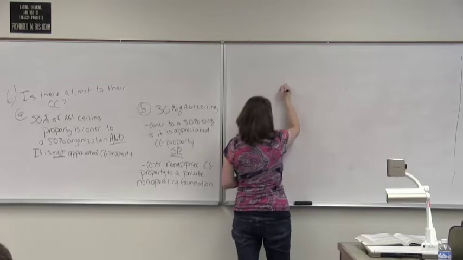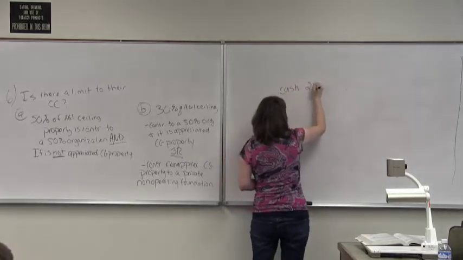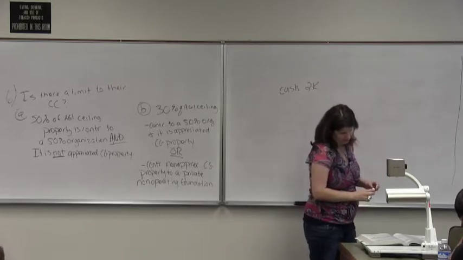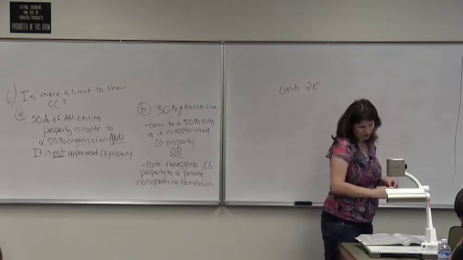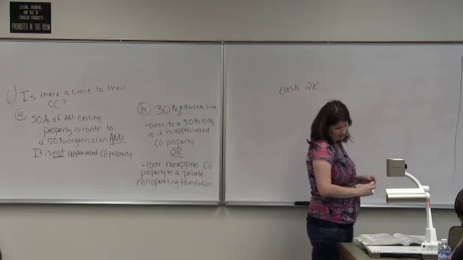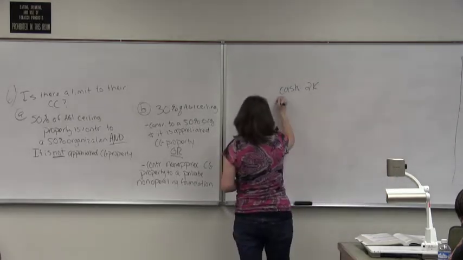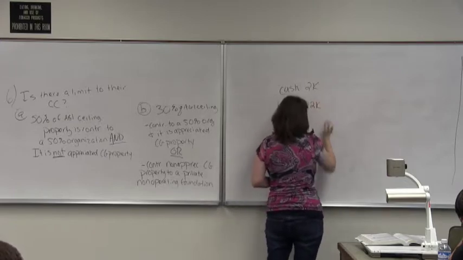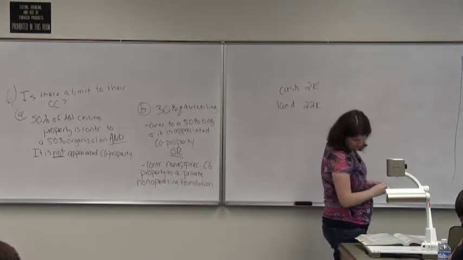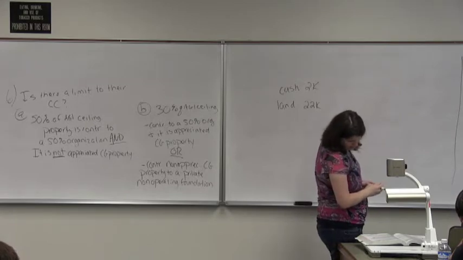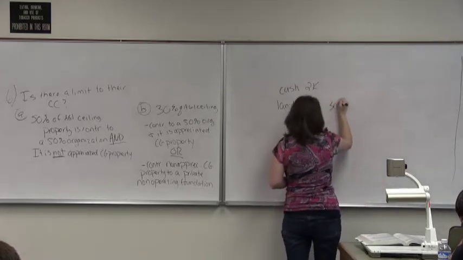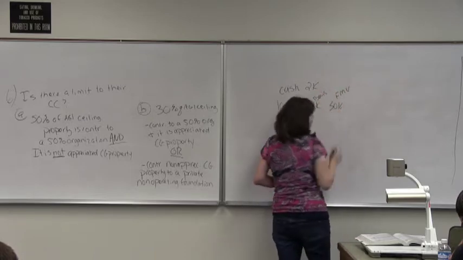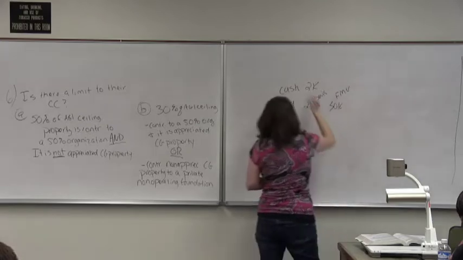So she is contributing cash of $2,000. And she's contributing land, which she purchased 4 years ago for $22,000 and held as an investment. It's been held as an investment for 4 years. And the value is $30,000. So that's the fair market value. This is the basis. Her AGI is $60,000.